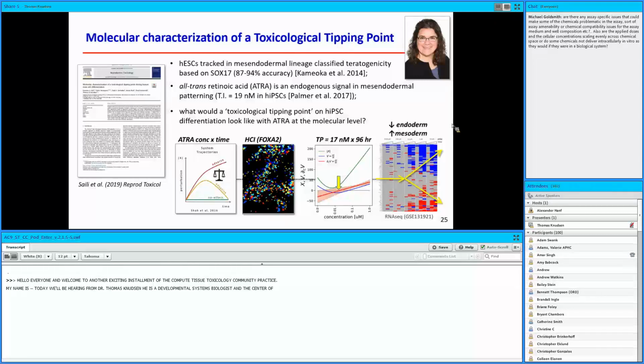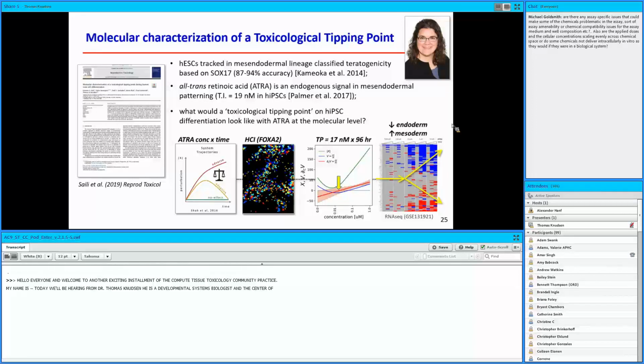Kate Saili did some work with the human embryonic stem cell line, it was an induced pluripotent stem cell line that was induced to endodermal lineage. Cog Closure's group had published a few years back that SOX17 could predict a large pharmaceutical set of developmental toxicants with 87 to 94% accuracy.